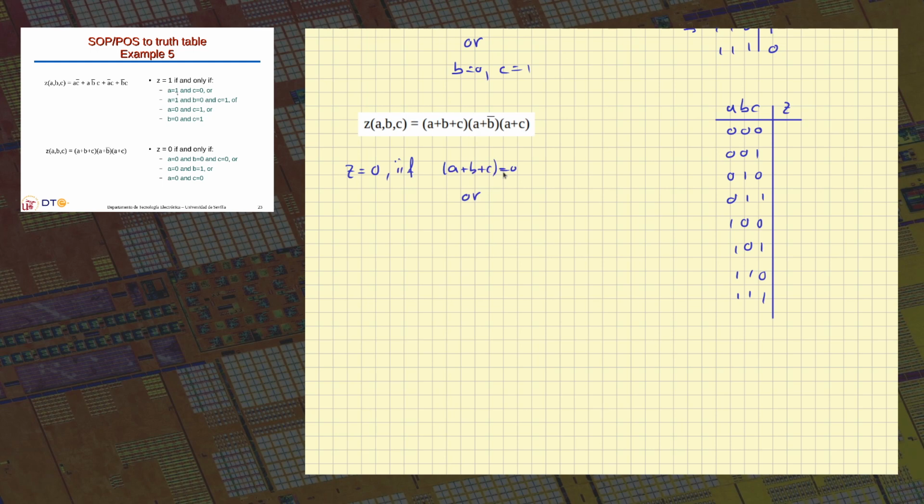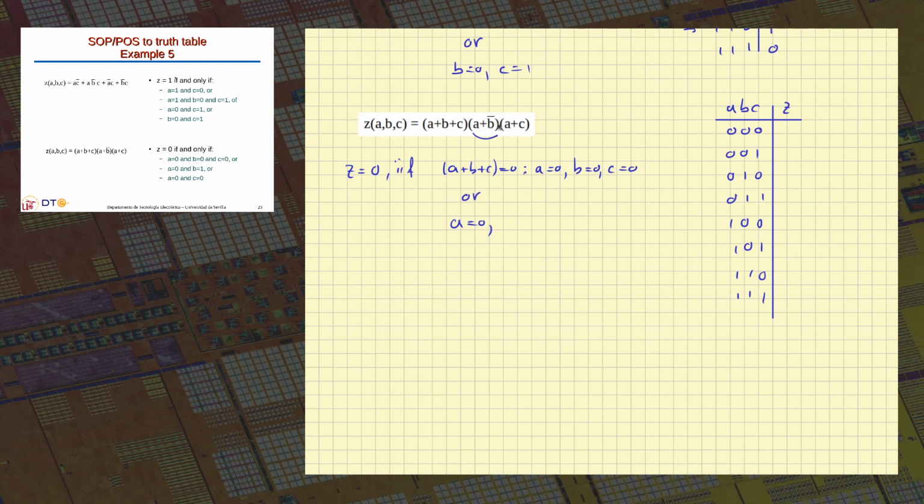But this is 0 only when A is equal to 0, B is equal to 0, and C is equal to 0. Okay? Or this term is 0, but for this term to be 0, I need to have a 0 here. It means A should be 0, and I should have a 0 here.